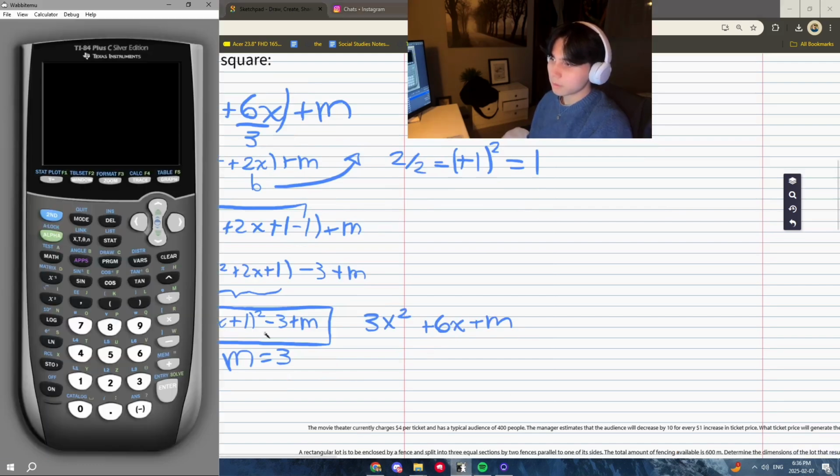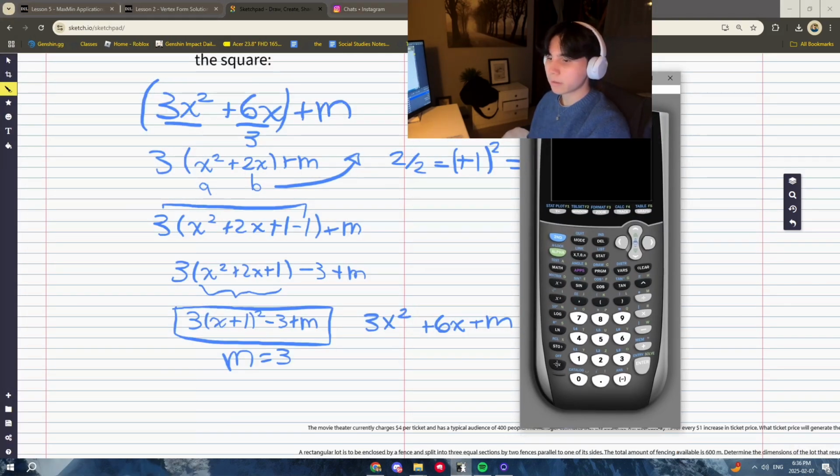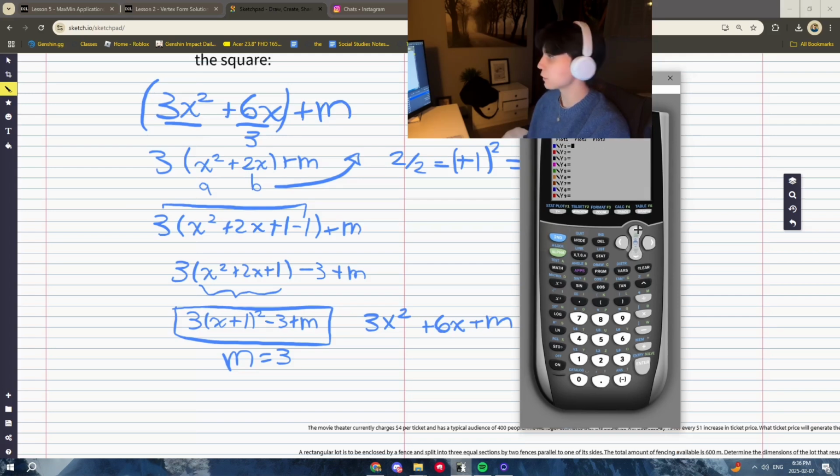Now that we've set m equal to 3, all we need to do is graph the two equations with m being 3. And if it was simplified and converted properly, the lines should overlap each other and the table should look the same.